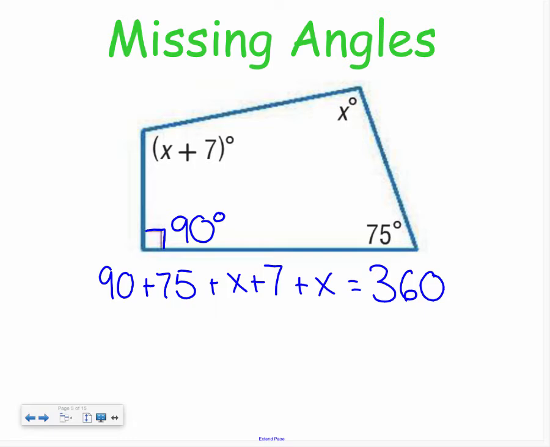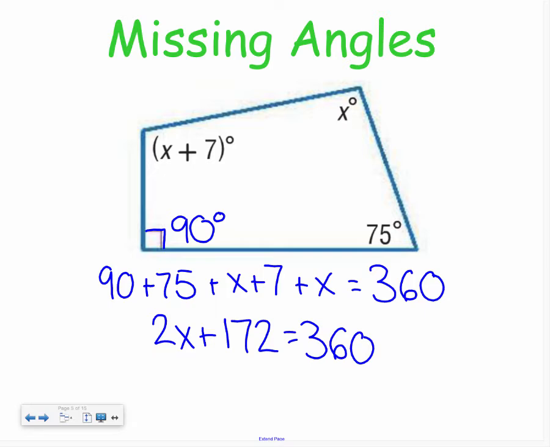Once we have our measurements, we want to simplify our equation. So we have 2x, and then we need to add up the values of our other angles. So we have 2x plus 172 is equal to 360.